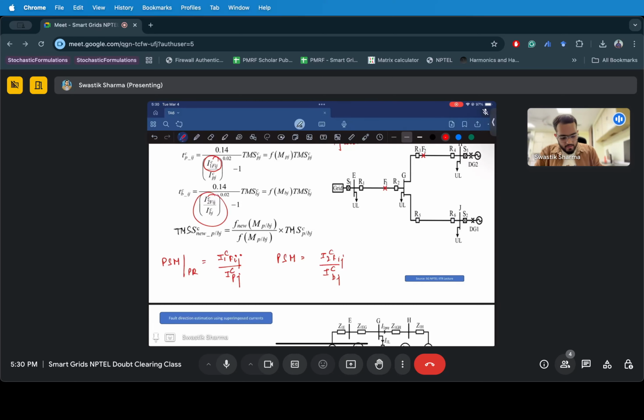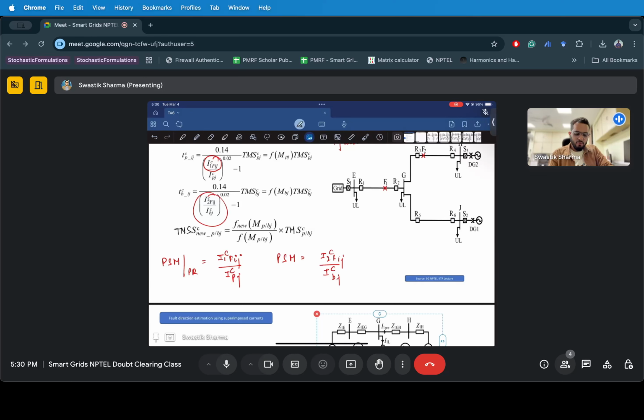P and B here denote primary and backup respectively. C is the operation node of the distribution system at which the relay is connected. 1 and 2 denote positive and negative sequence respectively.